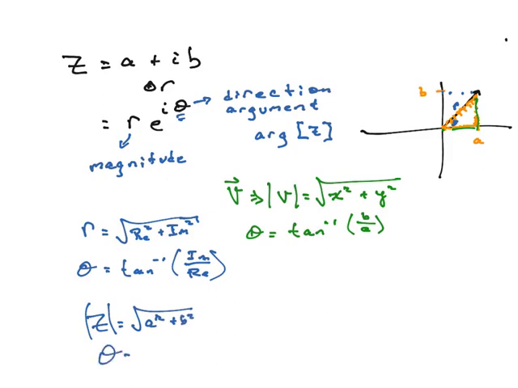And our theta would be the inverse tangent of b over a. And of course, we'd have numbers for this in a real example. We plug those numbers in, and then we could say z is our magnitude, the square root of a squared plus b squared, times e to the i, and our theta is whatever this inverse tangent of b over a is.